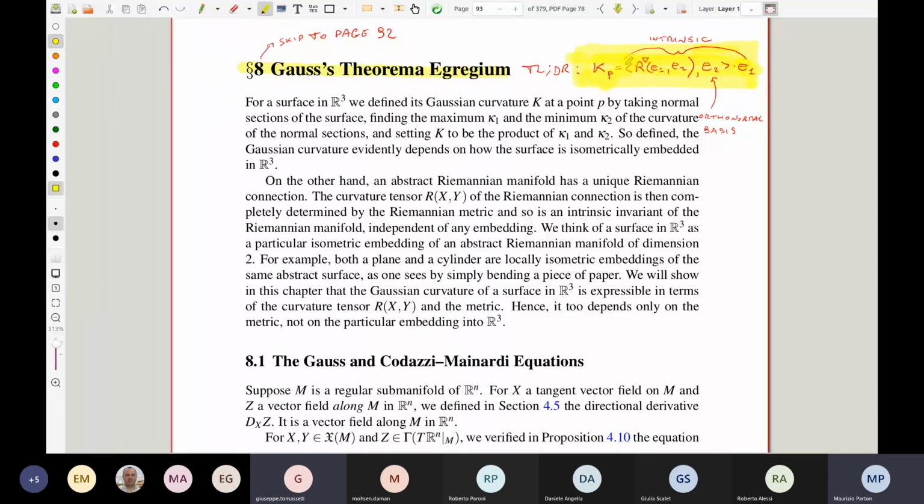There is the scalar product, which is intrinsic, I mean, it doesn't depend on the embedding, just the scalar product on the tangent space. And what else is there? The Riemann curvature tensor, the curvature tensor of the connection on the manifold, not the derivative in the ambient space. So this also is intrinsic, right? You define it using only the metric, with the six-term formula, if you want.